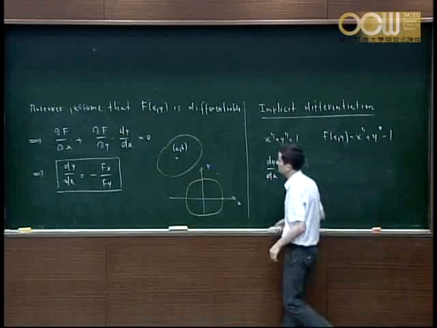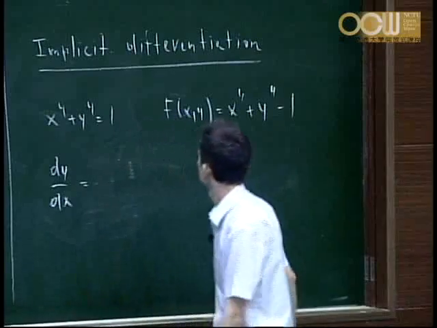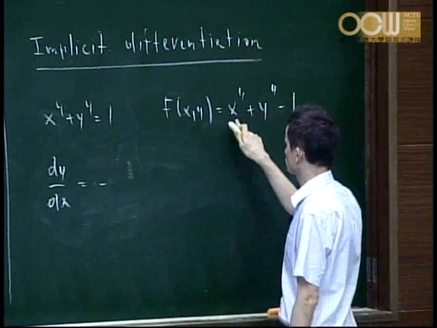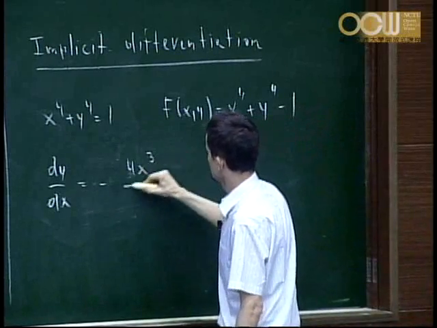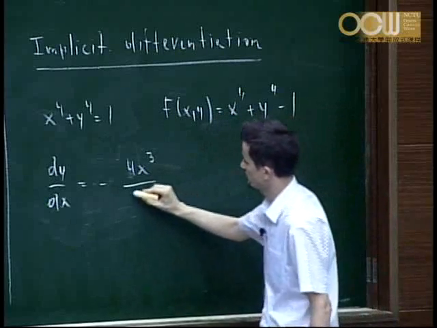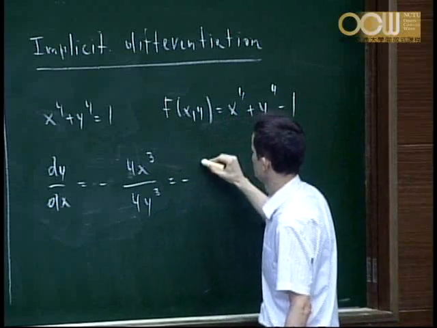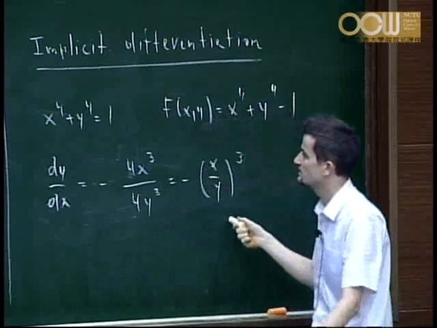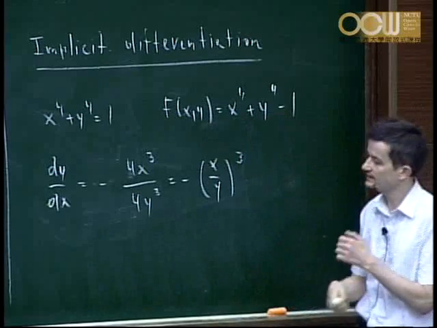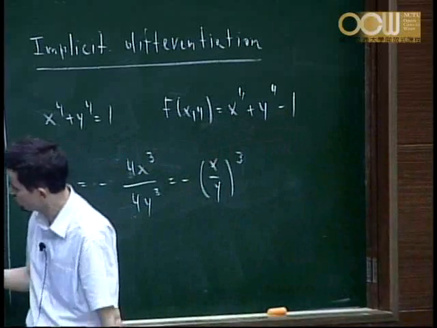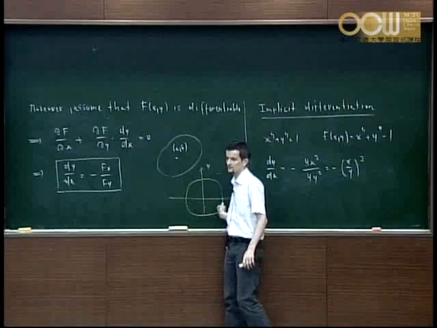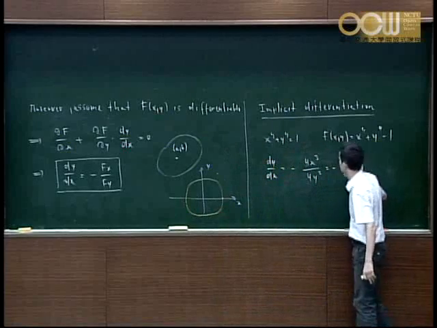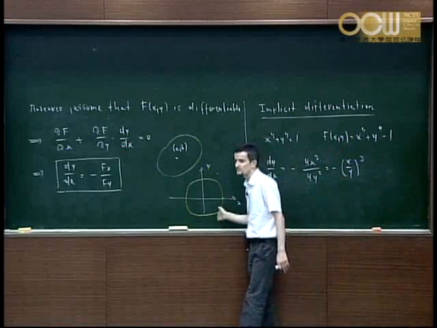So the derivative of y with respect to x is equal to minus the partial derivative of f with respect to x, which is 4x to the cube, over the partial derivative of f with respect to y, which is 4y to the cube. This is an expression which is valid unless you exclude those 2 points here. But you see that for those 2 points it is kind of still true, because this will be infinity and the slope of the tangent will be infinity as well.